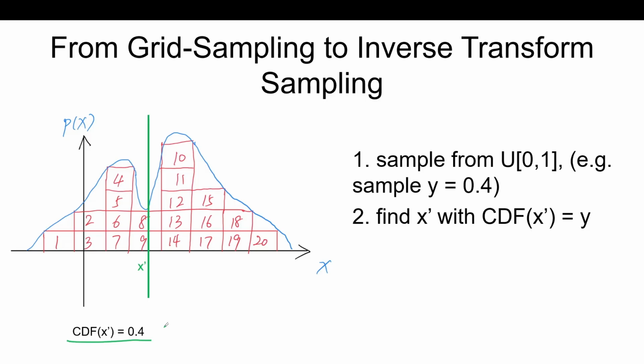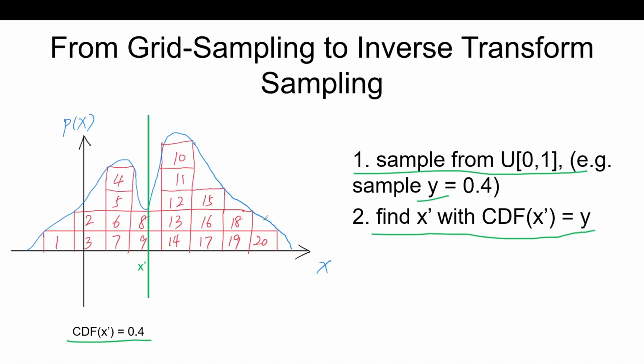We don't need the grid anymore. We just sample from a uniform distribution 0 to 1 and get a sample y, and then we find x prime with the CDF equal to y. That's inverse transform sampling: we find a sample with the CDF corresponding to the sample from the uniform distribution.